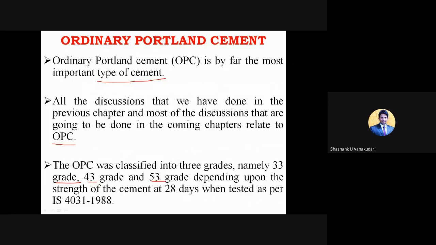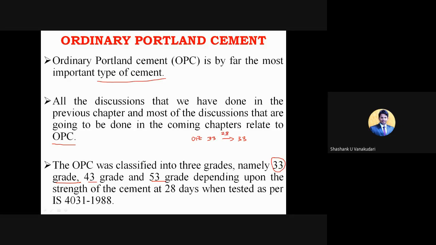That is purely dependent upon the strength of the cement at 28 days. Once that cement completes 28 days of curing, it is going to achieve strength more than the desired grade. For example, OPC 33 grade should achieve a compressive strength of more than 33 after 28 days of curing.